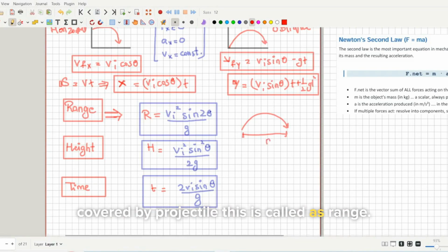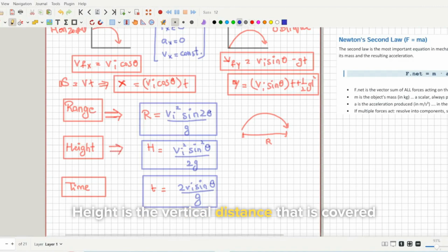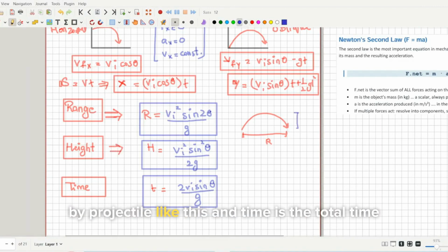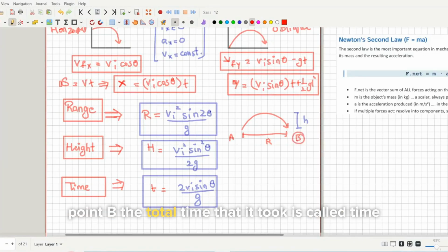This is called range. If we talk about height, what is height? Height is the vertical distance that is covered by the projectile like this, and time is the total time that it took for the ball to go from point A to point B. The total time that it took is called the time interval.